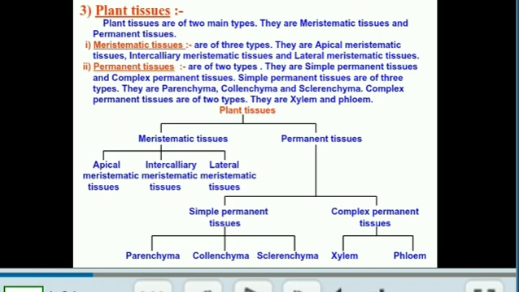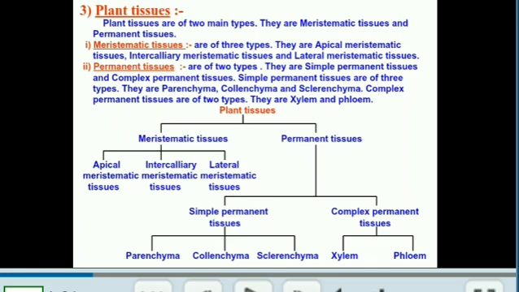And I have explained that meristematic tissues are of three types. First one is apical meristematic tissue, second one is intercalary meristematic tissue, and third one is called lateral meristematic tissue.